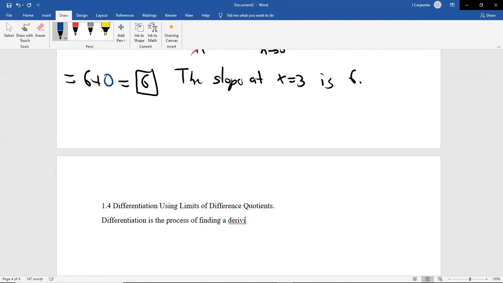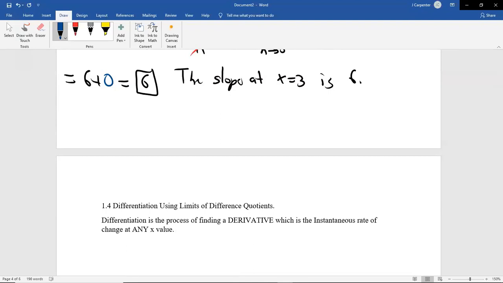Derive. Why did I spell it with an I? That was silly. Differentiation is the process of finding a, and I want to have this all caps, excuse me, is the process of finding a derivative, which is the instantaneous rate of change at any x value, not a specific x value, at any x value.